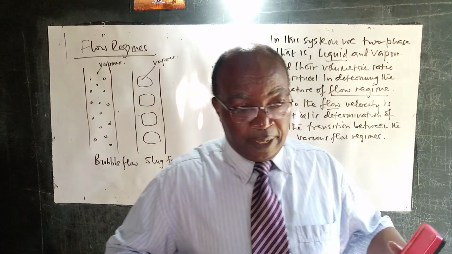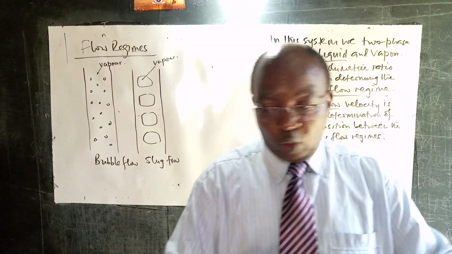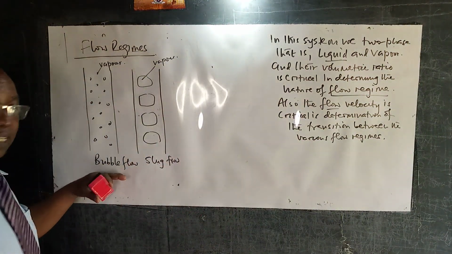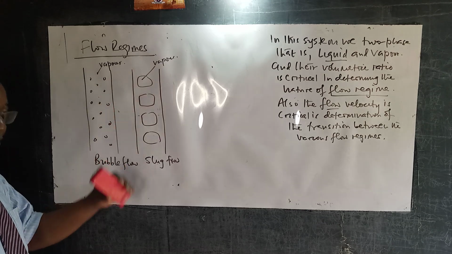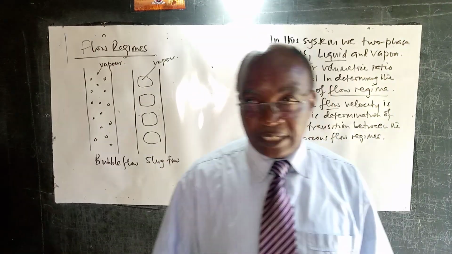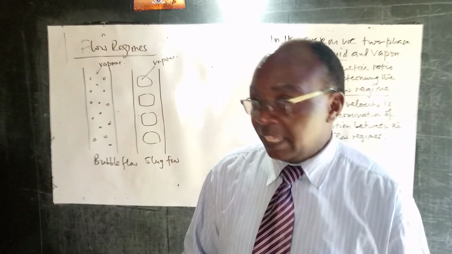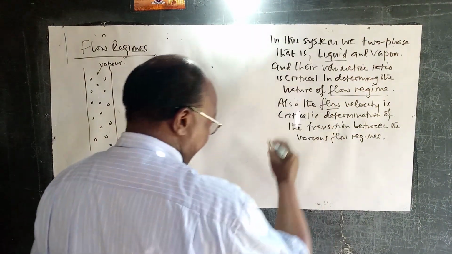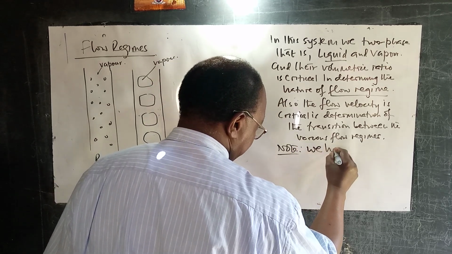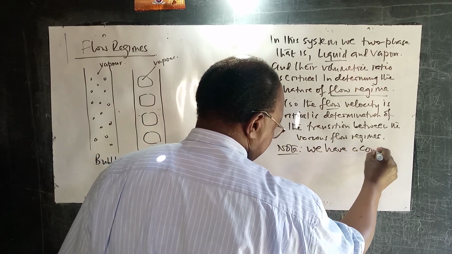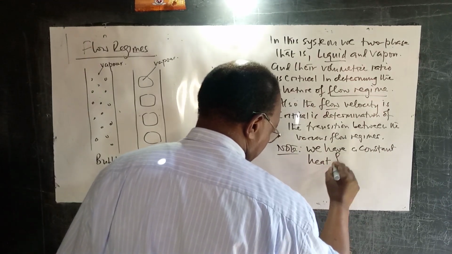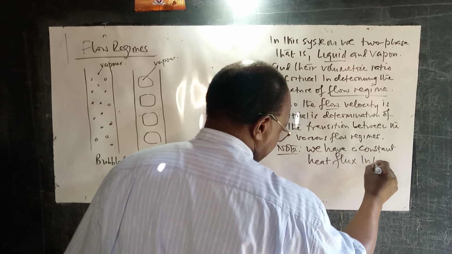And of course, the relative amount of liquid in the case of slug flow vis-a-vis that of bubble flow, the liquid amounts are diminishing because we are heating up this quantity. Remember, we said that we have a constant heat flux in the system. Just note that.